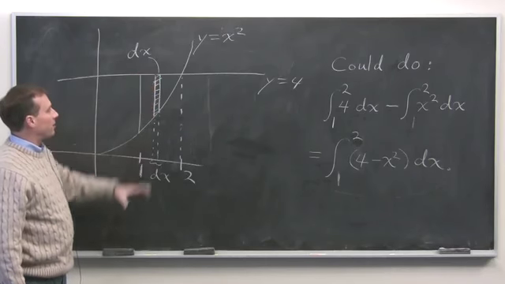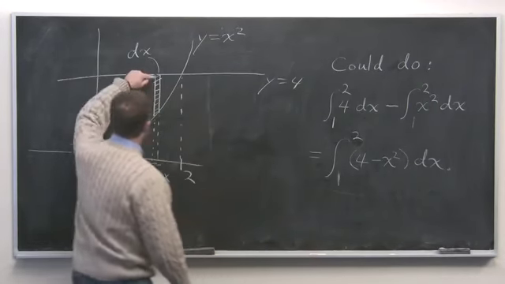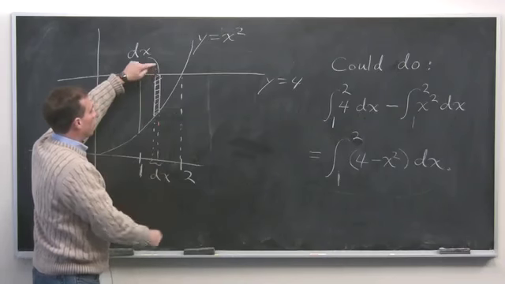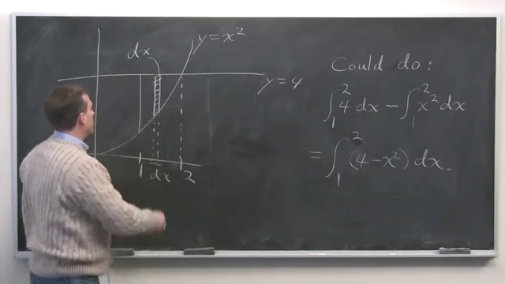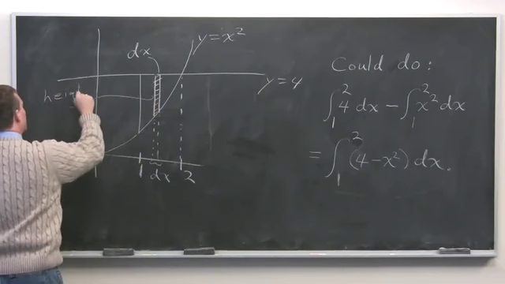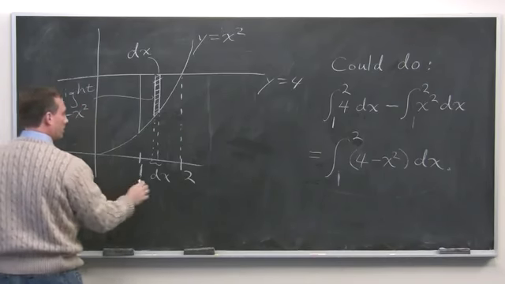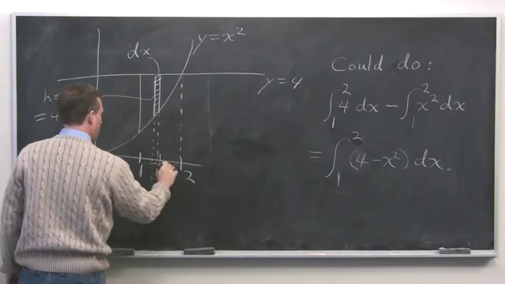What's the height of that rectangle? The height of that rectangle is exactly this y-coordinate minus this y-coordinate. It's 4 minus x squared, where it's some x coordinate.